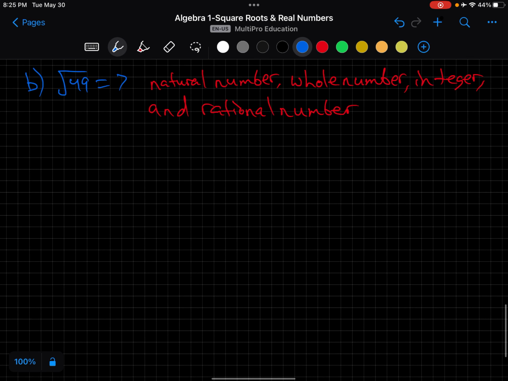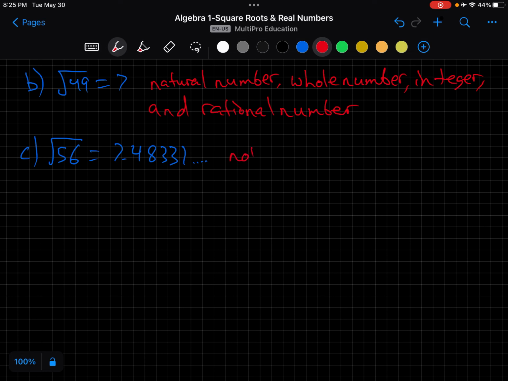All right, let's look at another example here. Let's look at the square root of 56. What is this equal to? If I use my calculator and take the square root of 56, I get 7.48331 and a whole bunch of other numbers.